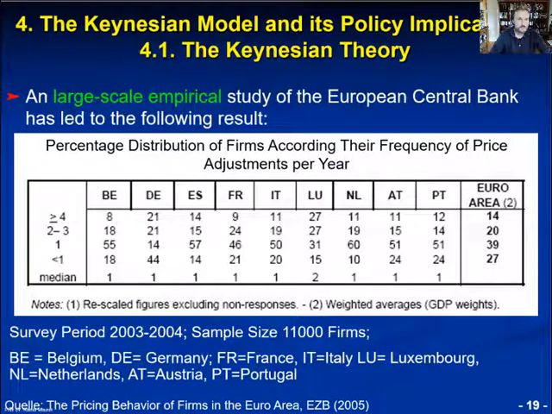For example, German firms reported that only 21% of them adjust their prices more than 4 times a year.